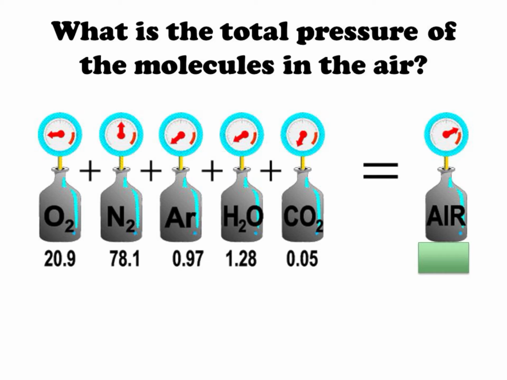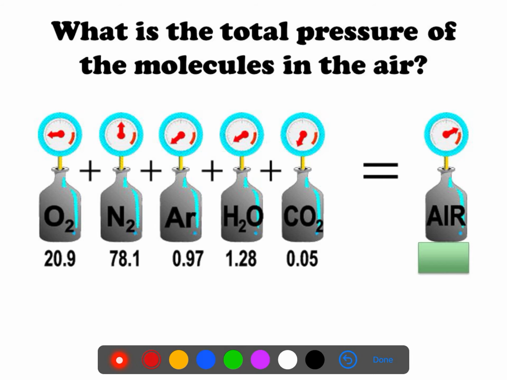The Earth's atmosphere, primarily these 5 gases, oxygen, nitrogen, argon, water vapor, and carbon dioxide, makes up what we would call air. And they didn't have the units here, but these values represent percentages. So oxygen, for instance, would be 20.9% of the Earth's atmosphere.